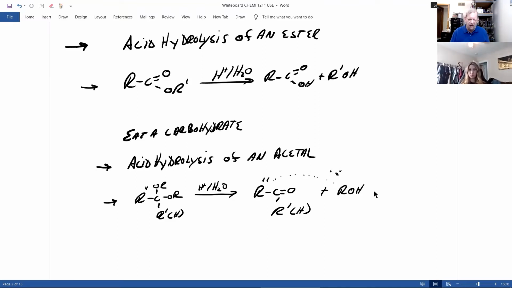So you should know how to describe with words and a general reaction what happens when you eat a carbohydrate. What's the key functional group holding glucose together in a carbohydrate or a starch? An acetal. And therefore, in your stomach, acid, water, acid hydrolysis of an acetal.